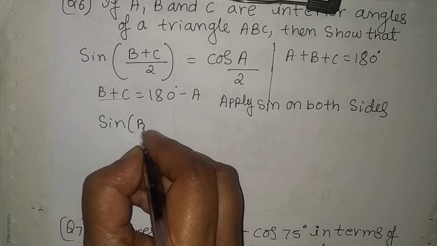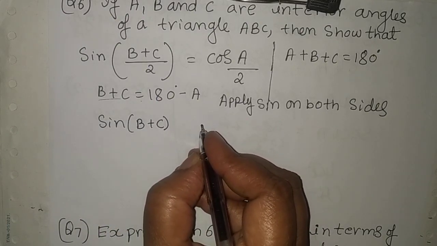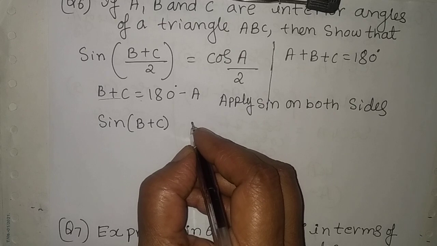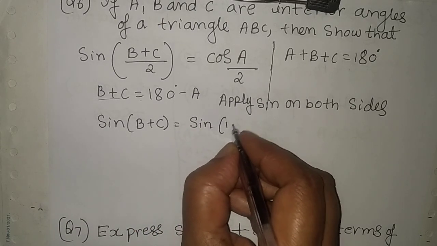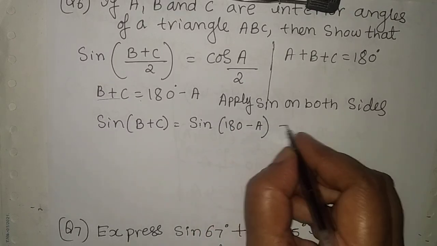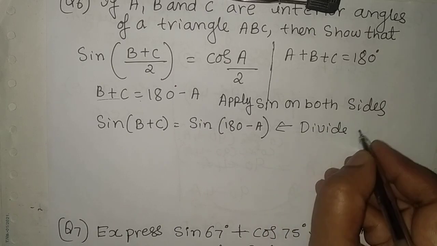Sine of (B plus C) and sine of (180 minus A). Then divide by 2.